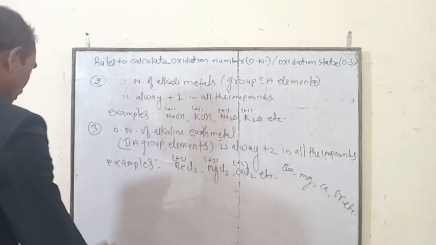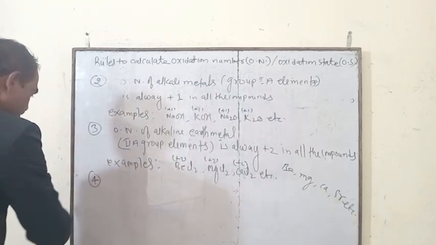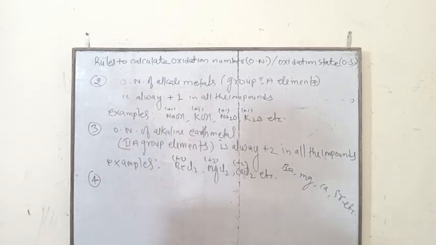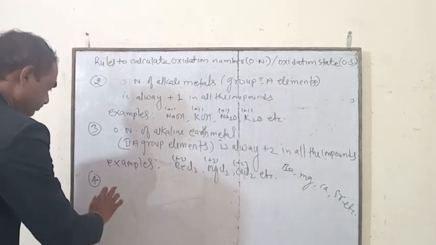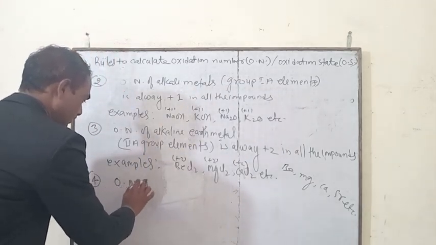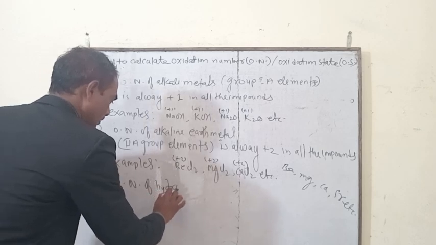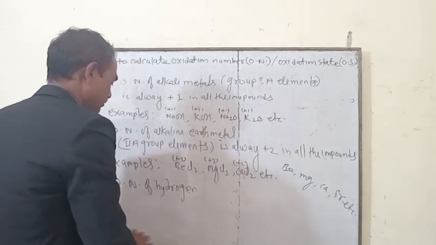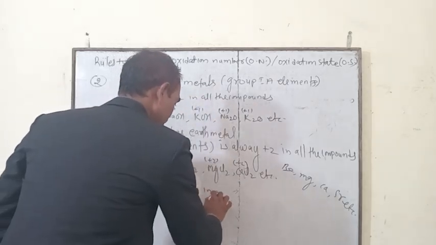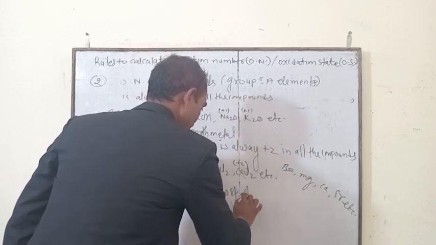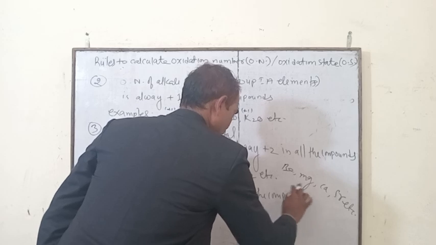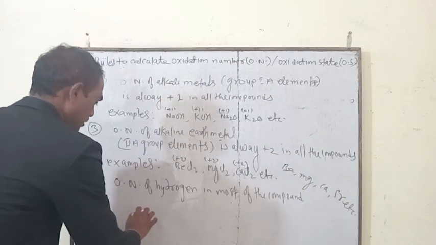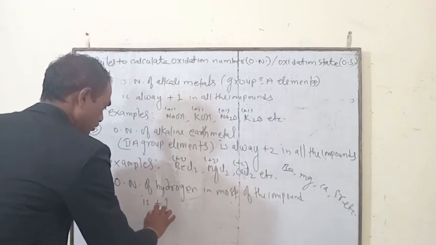And fourth rule: oxidation number of hydrogen in most of the compounds is +1.